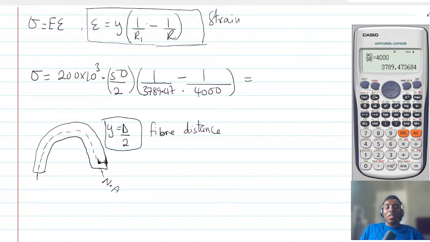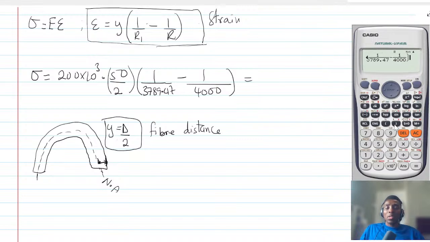So basically, the actual stress due to the bending will be 200 times 10 to the power 3 multiplied by, so 50 out of 2 is 25, then we multiply this by 1 out of 3789.47, and then minus 1 out of 4,000.